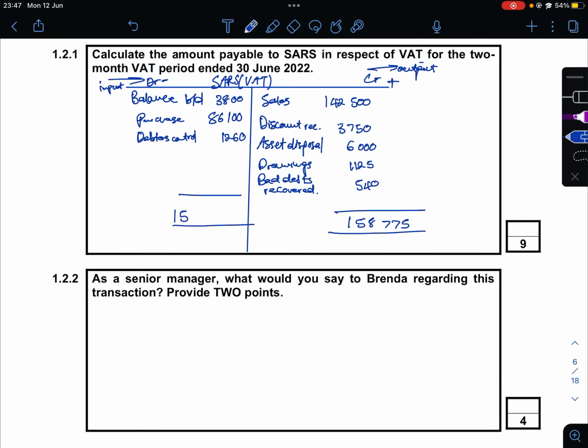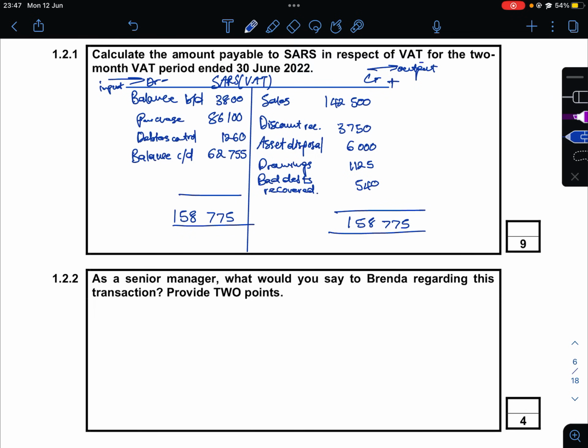So it should be the same amount on this side. And then you just take that and subtract your 3,800, minus 86,100, minus 1,260, and I'm getting your balance carried down should be 62,755.